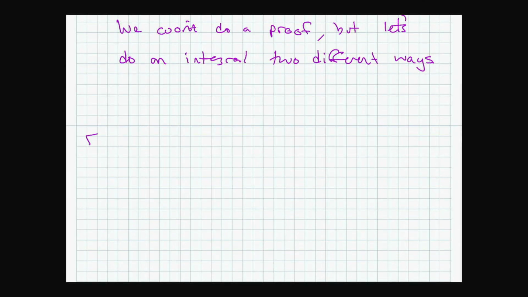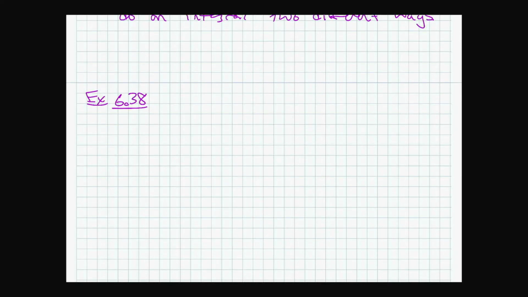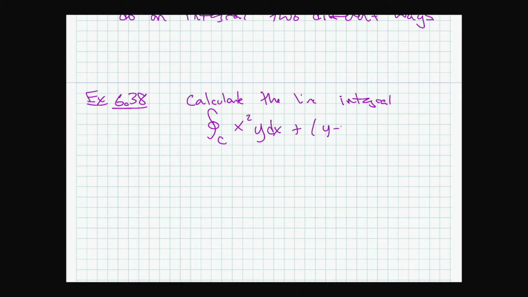So this is an example from the book, 6.38. They say calculate the line integral. The circle indicates it's a closed curve. Integral of x squared y dx plus (y minus 3) dy, where C is the rectangle.